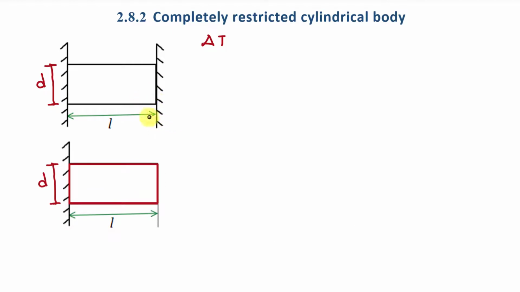Now let's say in this example, if it is asked to find the change in diameter of this body, then how can we find it? We have to find the value of change in diameter due to change in temperature delta T, right? So we will use the same approach as discussed earlier. First of all, we are going to remove this restriction from this end, means it will be a case like this, and then we will increase the delta T temperature of this body.